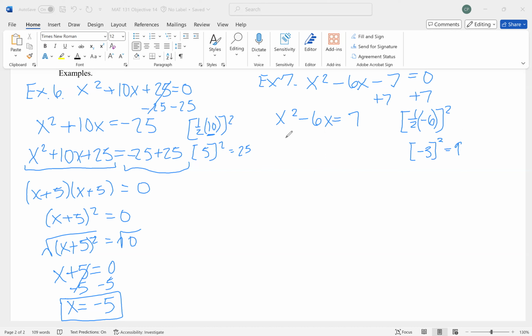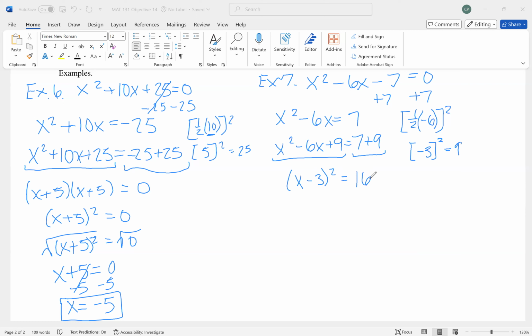So that 9 I'm going to now add to both sides. So I got x squared minus 6x plus 9 equals 7 plus 9. Okay? When I factor this side, I'm going to get x minus 3 squared. And when I add this side together, I'm going to get 16.